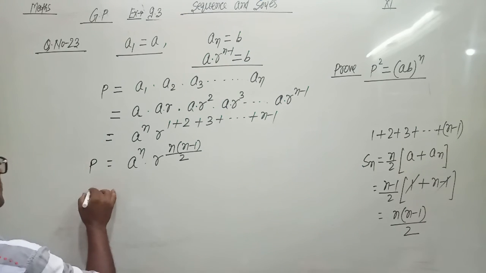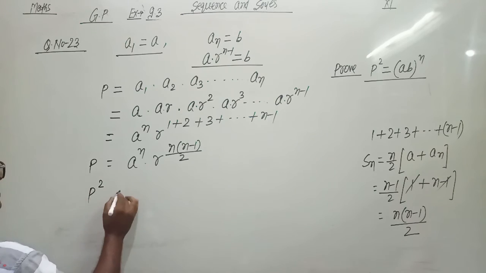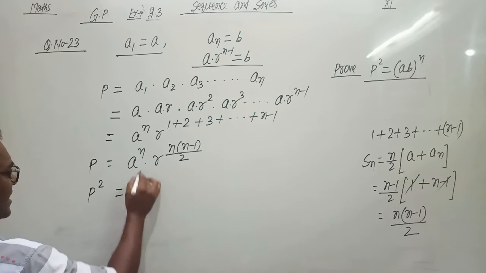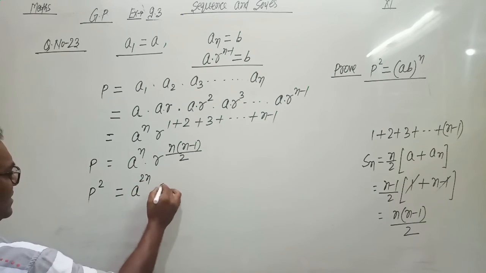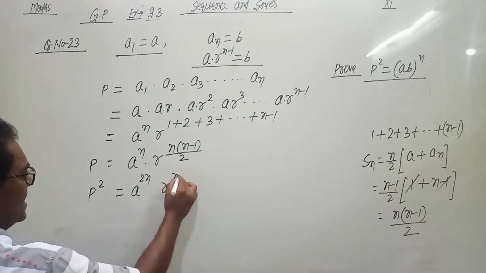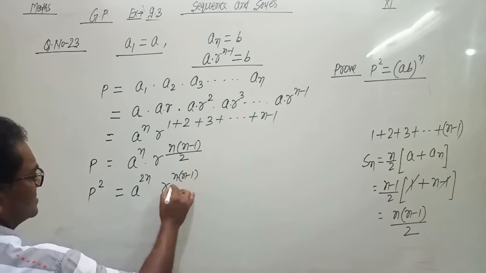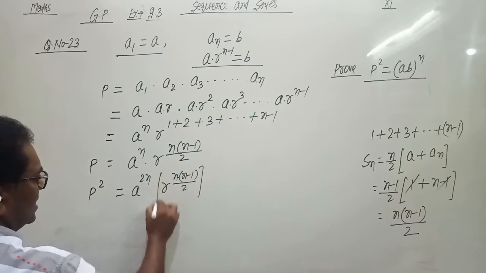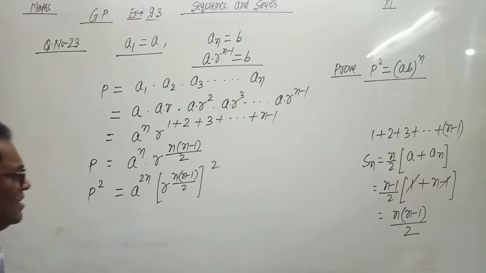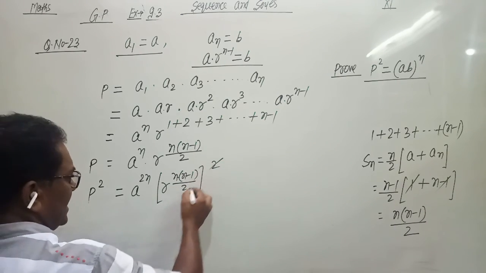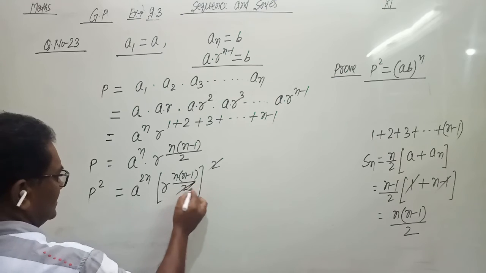Now square both sides. So p square equals a raised to the power 2n and r raised to the power n into n minus 1 by 2, the whole squared. The powers are multiplied, and 2 and 2 get cancelled.